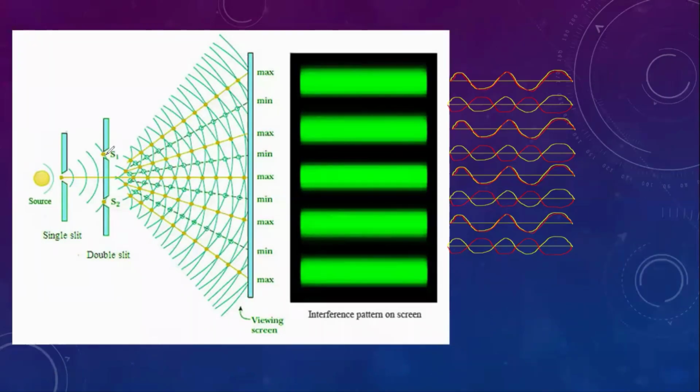For example, one torch light is focused here, and the other is focused here. Let's say the amplitude is a, so the intensity is a square, and the other is also a square. These are identical torch lights, so the same intensity will be there.